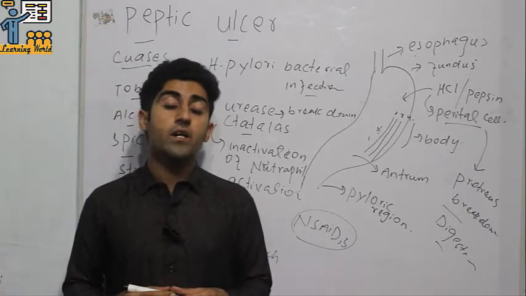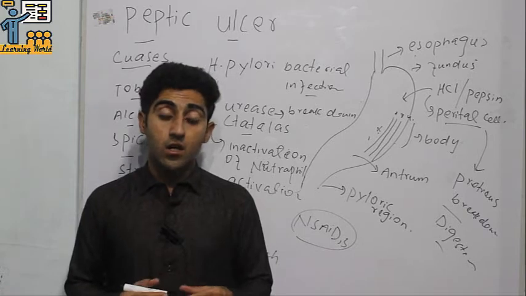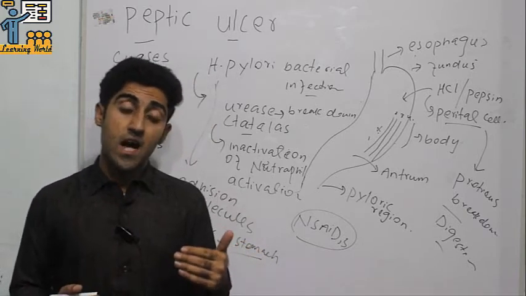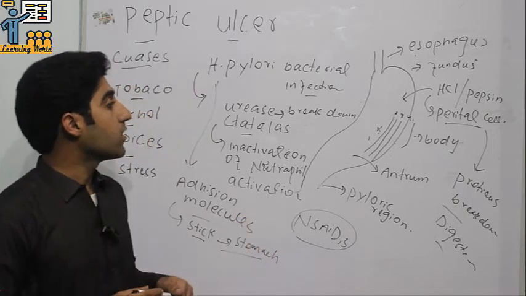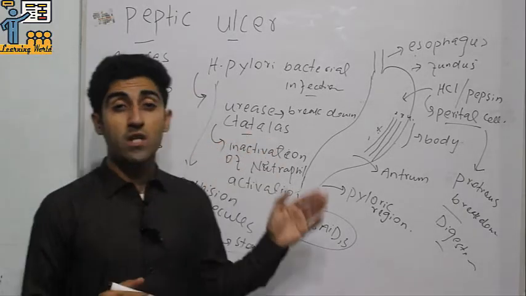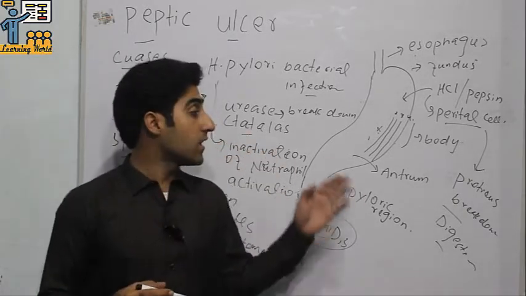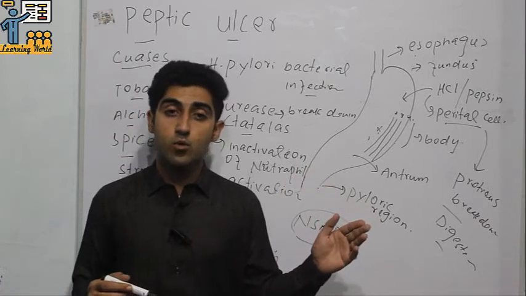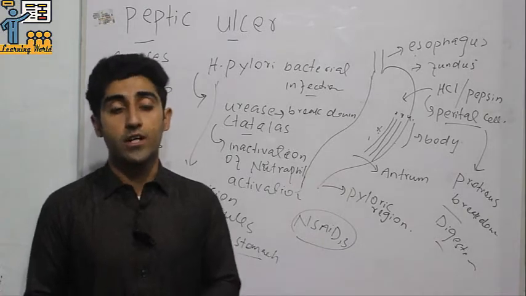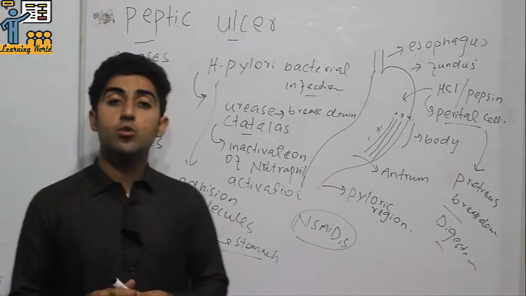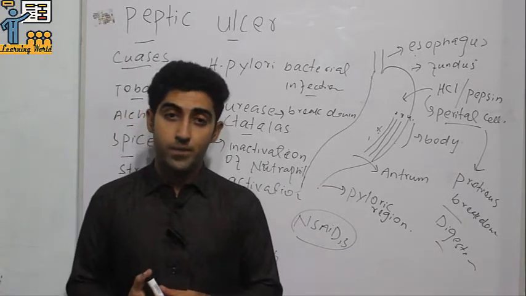As we know, prostaglandin causes inflammation, but it also stimulates those cells which produce the defensive factors of the stomach, such as mucus and bicarbonate, which neutralize the hydrochloric acid. So NSAIDs will also cause peptic ulcer.